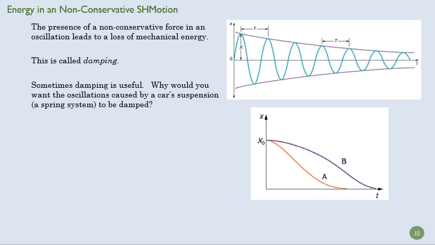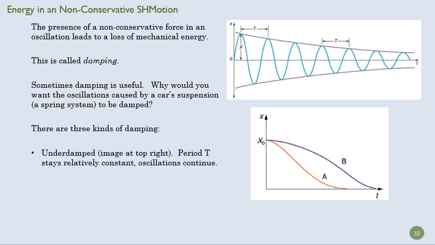Well, you don't want to go over a bump and be feeling the up and downs of that bump a mile later. You want the car to absorb those bumps and give you a nice smooth ride. And so that's what damping can do, right? You get a displacement here, you go over the bump, and instead of continuing to oscillate at its full strength, that oscillation will get smaller and smaller over time.